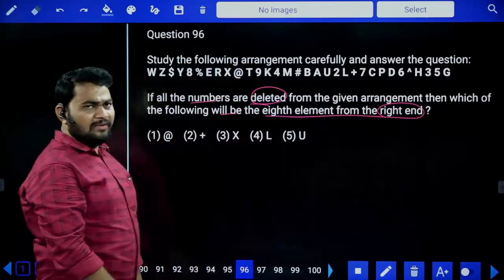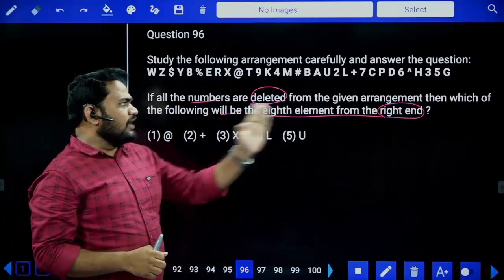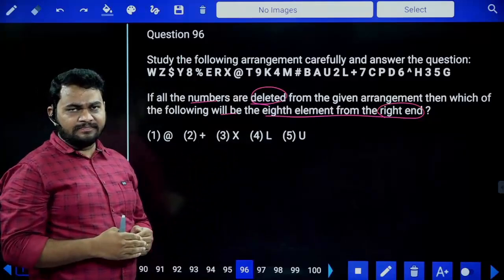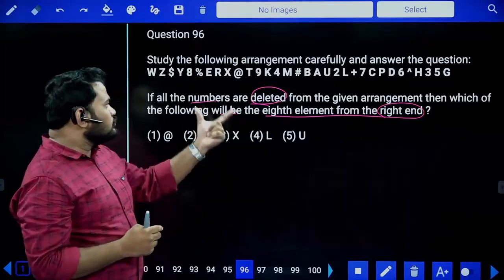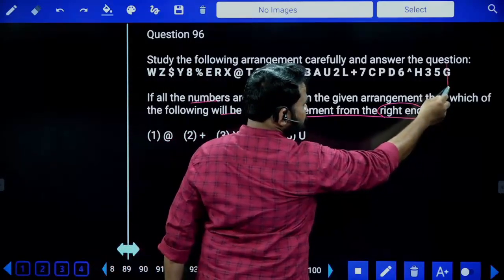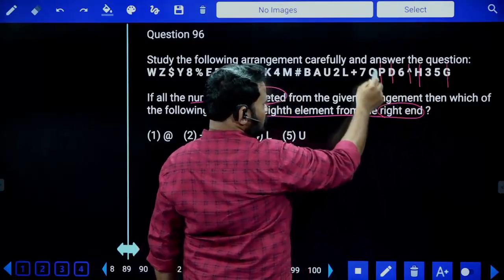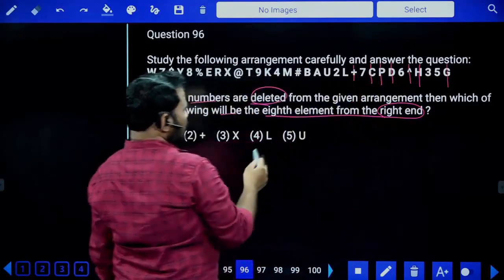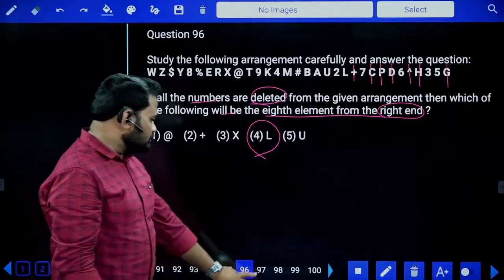While counting the eighth element from the right end, we don't have to count numbers. That is 1, 2, 3, 4, 5, 6, 7. The eighth element from the right is L, that is there in option number 4.